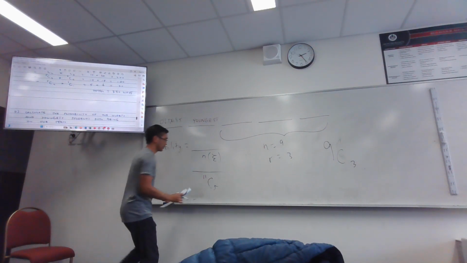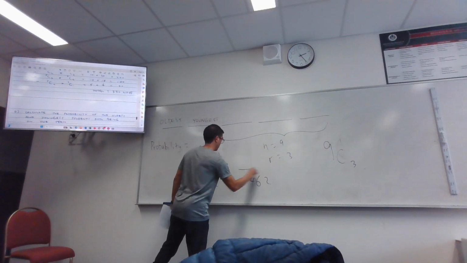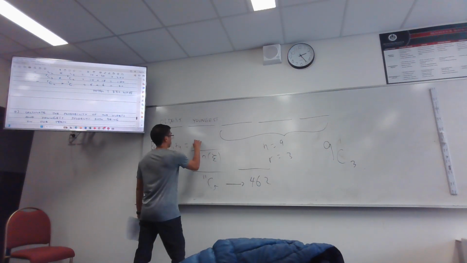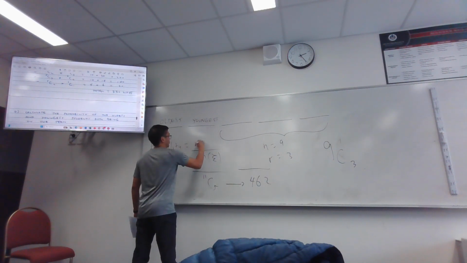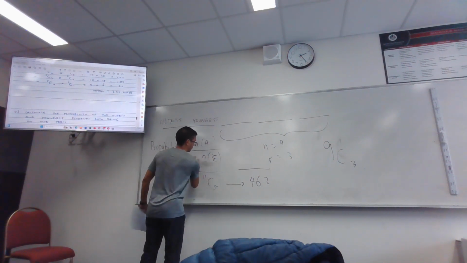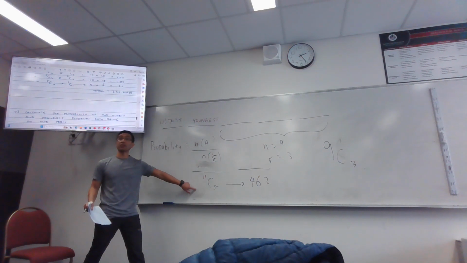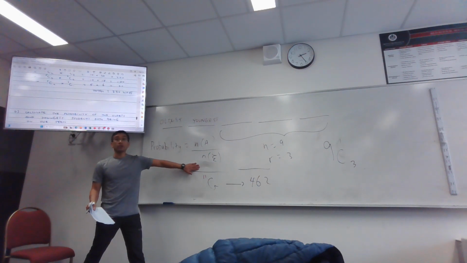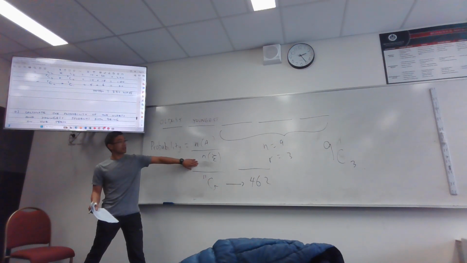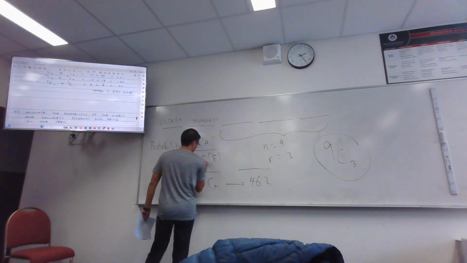Yep, good. So, if I have 11C5 on the bottom, what goes in the numerator? If this is the universe, we simply put 9C3 on the top.